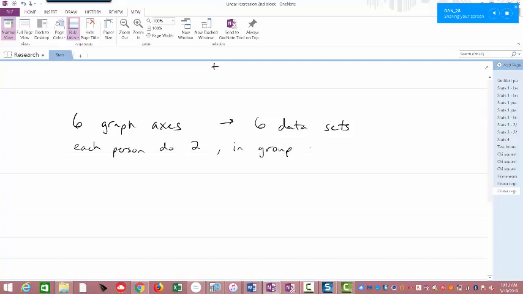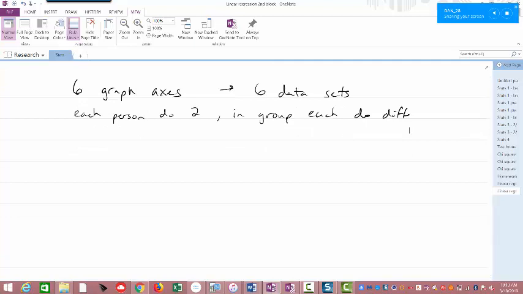In your group, each person's going to do a different 2. So collectively in your group of 3, all 6 data sets will get done. If you're in a group of 2, that just means 2 data sets don't get done. I want everyone to have practice on this, but it's not important that you see all of them.